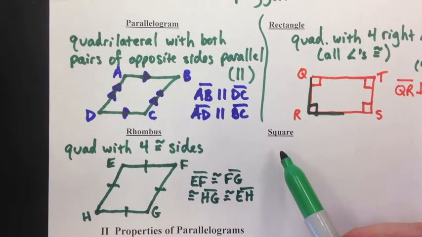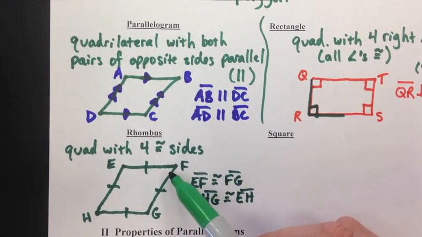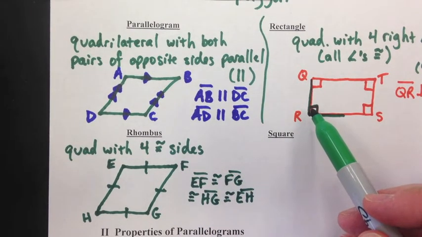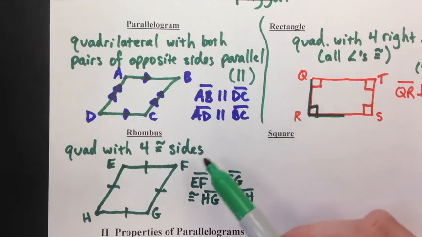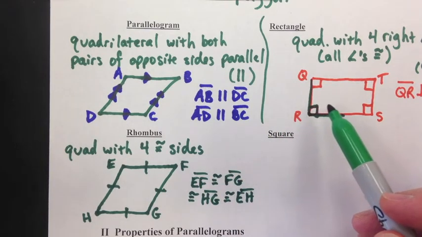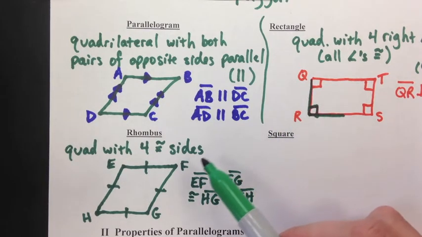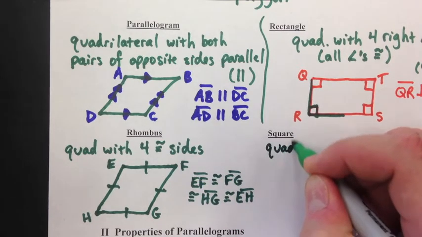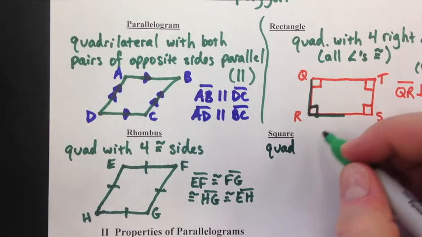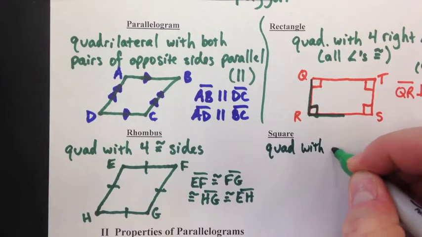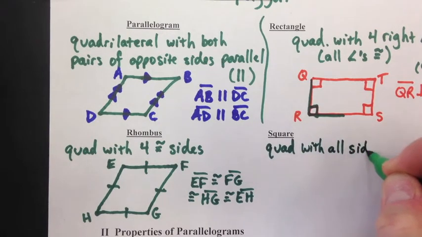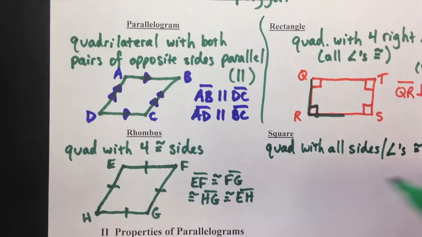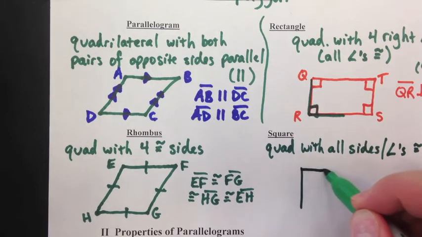A square is basically if you take a rhombus and you take a rectangle and you put them together. It's got both of these definitions. So it has 4 right angles and it also has 4 congruent sides. So we'll say a square is a quadrilateral with all sides and angles congruent. So a square looks something like this.